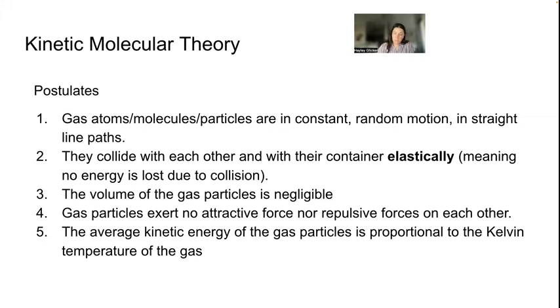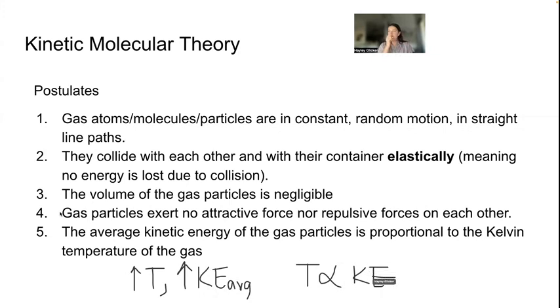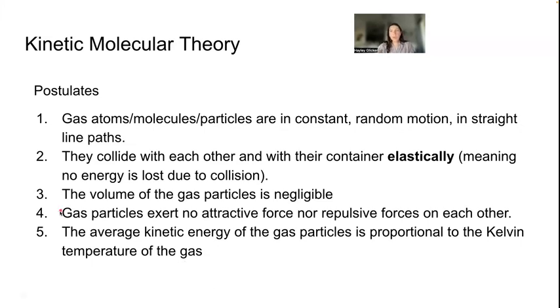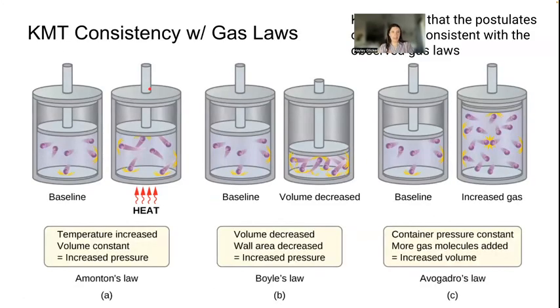So we're able to say that as I increase my temperature, I'm also increasing my average kinetic energy, which means that temperature is directly proportional to my kinetic energy. And this is going to come into play when we talk about now how our different gas laws really are confirmed by kinetic molecular theory.